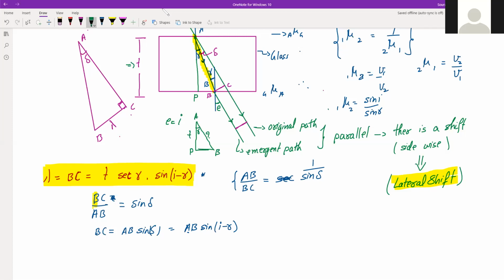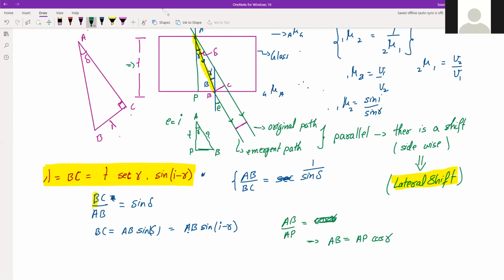So is there any relation between AB and AP? We know that AB divided by AP will be equal to what? Will be equal to cos R. So that means AB, we need AB, right? AB is equal to AP upon cos R. Oh, this is secant R, right?